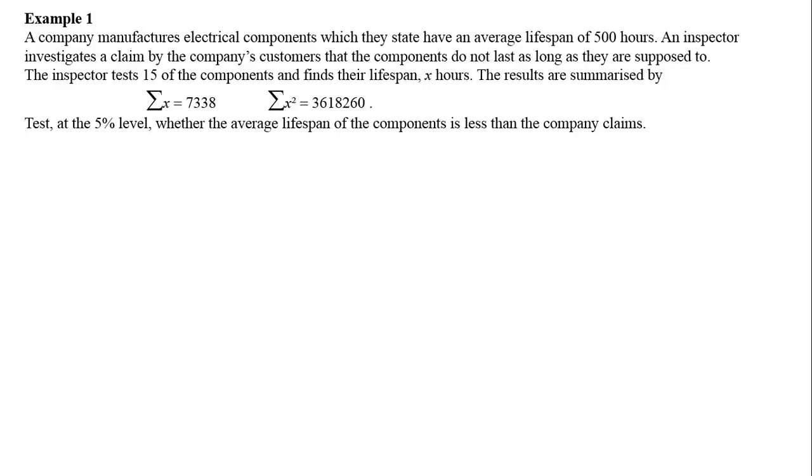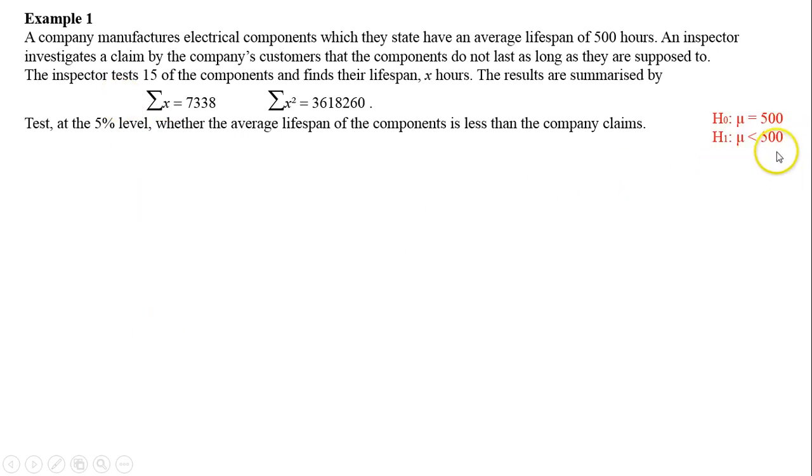The results are summarized by the sum of X and the sum of each X squared. Test at the 5% level whether the average lifespan of the components is less than the company claims. We've only tested 15, so that's a small sample.